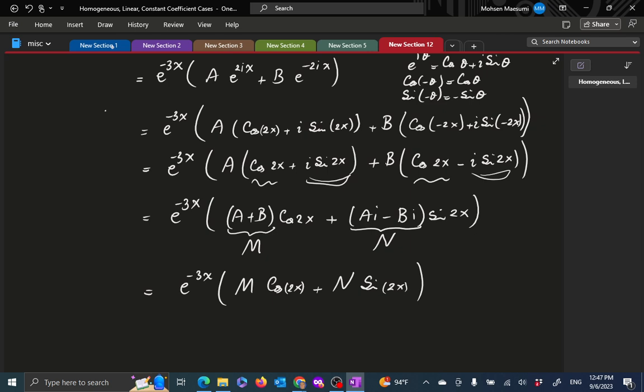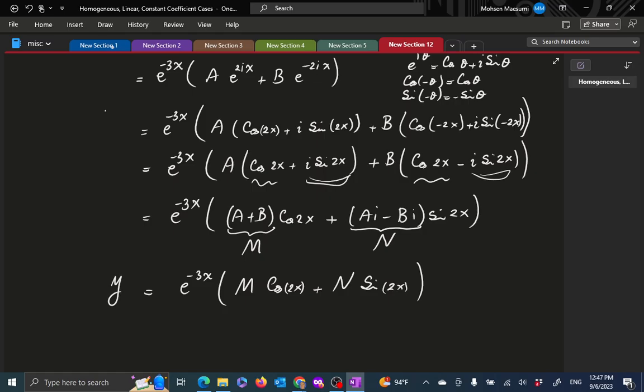Sometimes students wonder, what happened to i? Well, i is a number, just like 2, 3, or 5. You multiply by some constants, whatever you get, whether it is complex or not, this thing is a number. So we call it just n. So we got our solution.